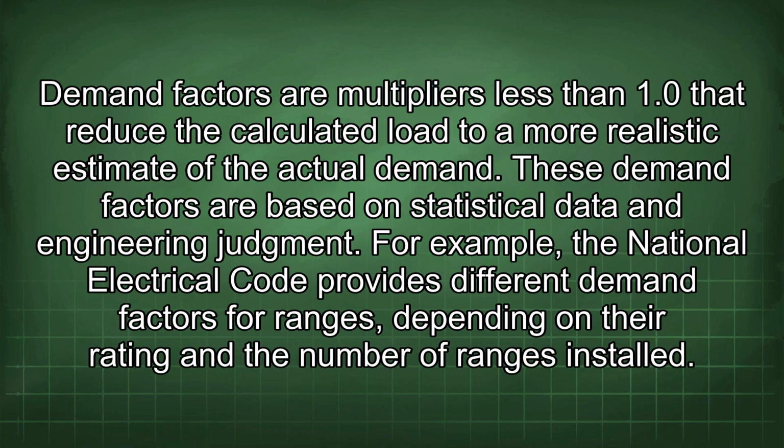Demand factors are multipliers less than 1.0 that reduce the calculated load to a more realistic estimate of the actual demand. These demand factors are based on statistical data and engineering judgment. For example, the National Electrical Code provides different demand factors for ranges, depending on their rating and the number of ranges installed.